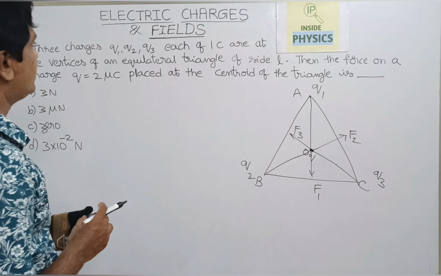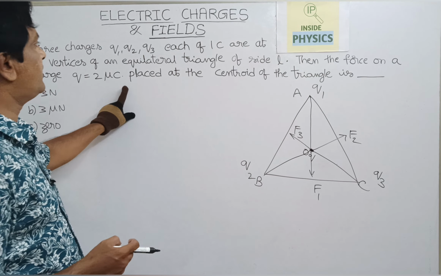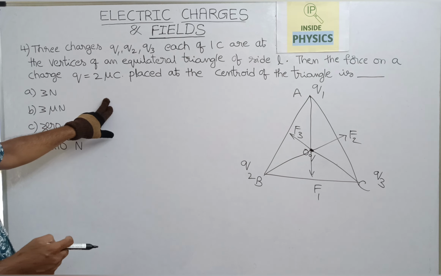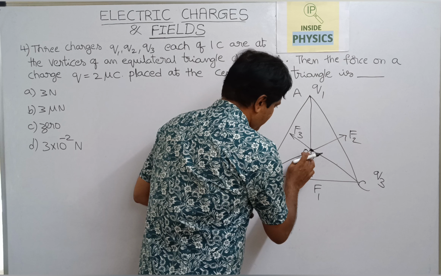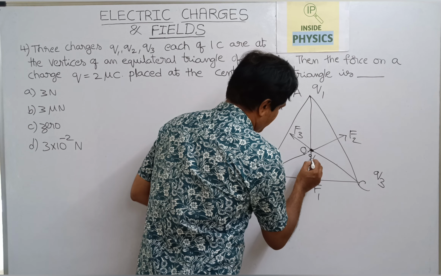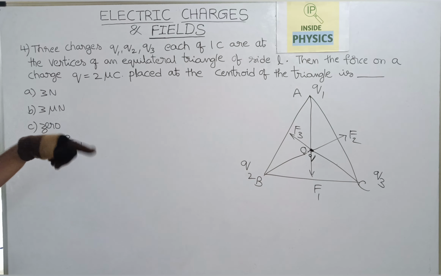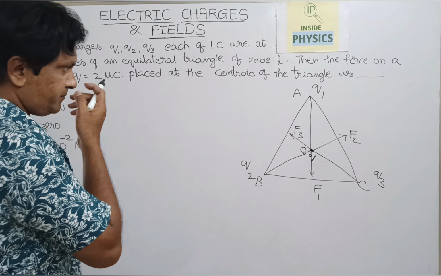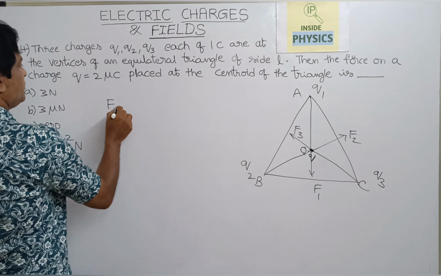Now what he is asking is the force on this small q placed at the centroid of the triangle. If you consider the centroid as O and the small q charge is placed at that centroid, what is the net force acting on the charge? If you consider force F1, what will it be according to Coulomb's law?